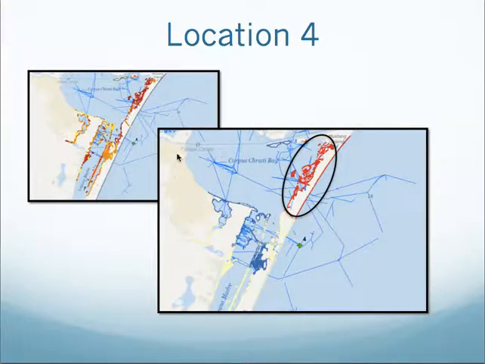Again, ESI data, and then huge statistical clustering of sensitive areas along Mustang Island up towards Port A, all these marshes that are on the other side of the highway, and just very high clustering of sensitive data.